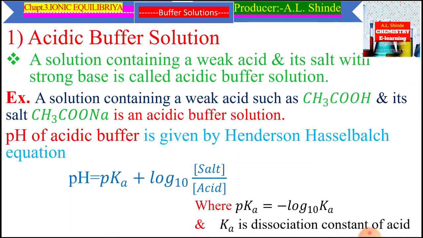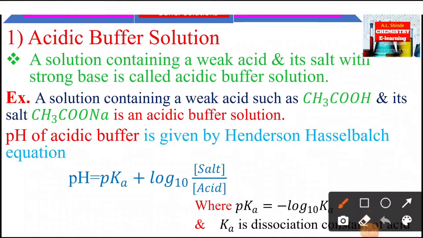The pH of an acidic buffer solution is given by the Henderson-Hasselbalch equation. pH is equal to pKa plus log to the base 10 of molar concentration of salt divided by molar concentration of acid, where pKa is equal to negative log to the base 10 of Ka, and where Ka is the dissociation constant of acid.